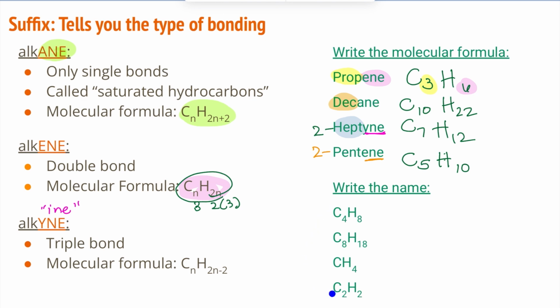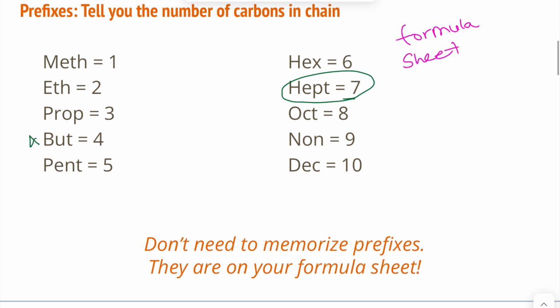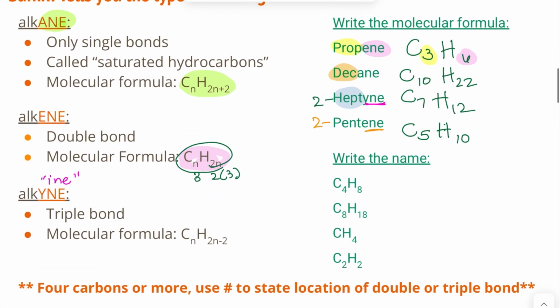All right, writing the name, C4H8. Well, having 4 carbons means I'm going to have but as the prefix. So we have but, and then looking at what is our relationship, well, if N is 4, 8 is 2N, which means we are looking at that N-2N relationship.